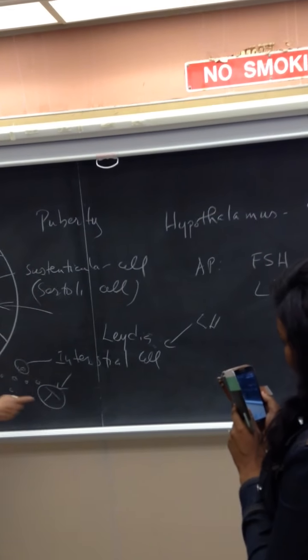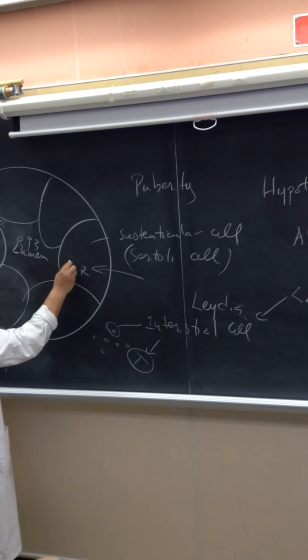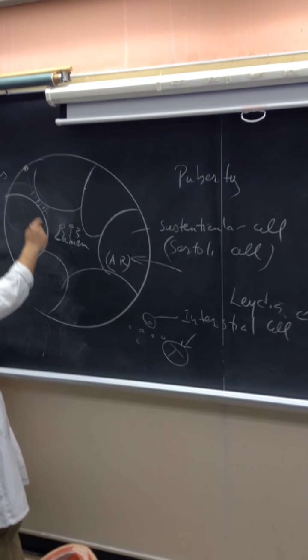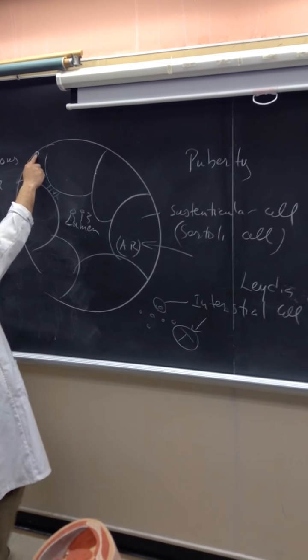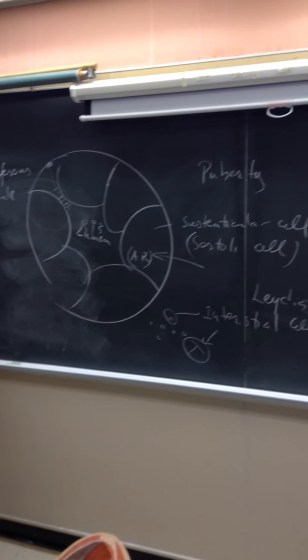Testosterone binds to the sustentacular cells that produce the androgen receptor. Then it starts to stimulate this, helping the sperm. The sperm from the spermatogonium sits on the outside and then migrates inward. All of that occurs here.